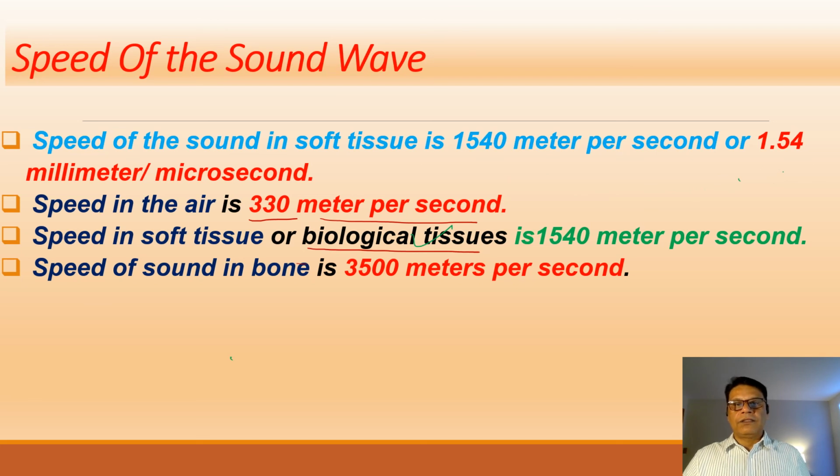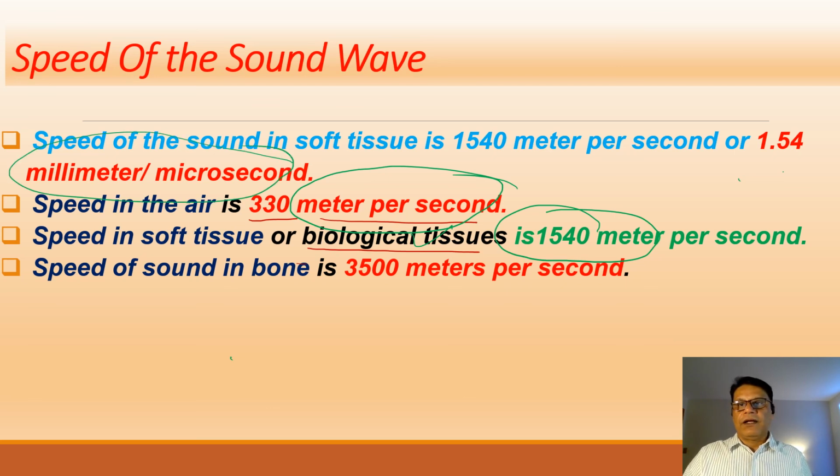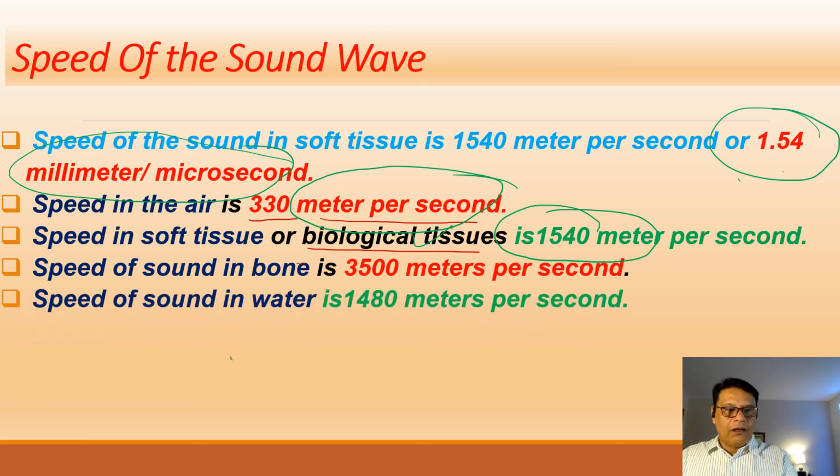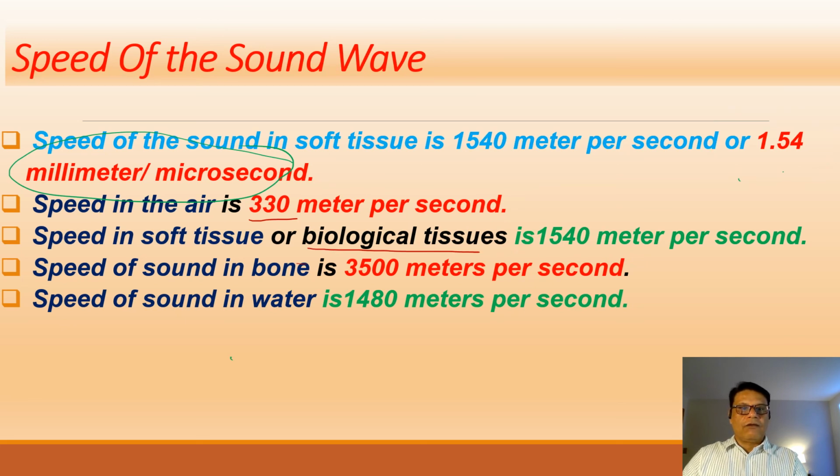The second most important thing, always remember units. In meters per second, the speed of sound is 1540, but in millimeters per microsecond, it is 1.54. Speed of sound in water is 1480.